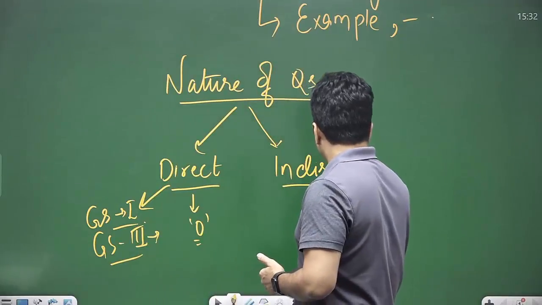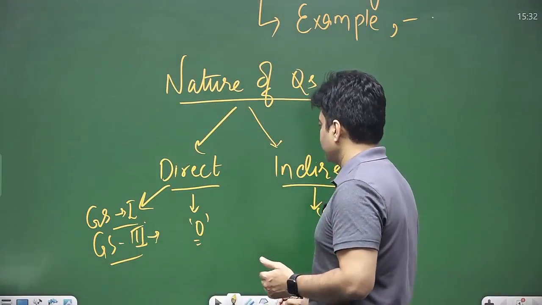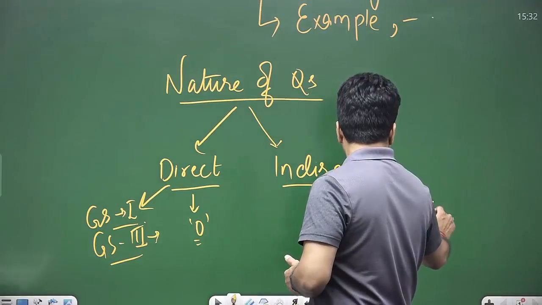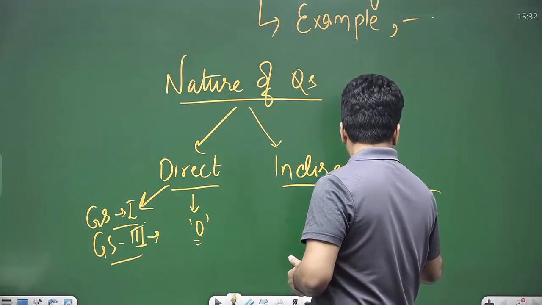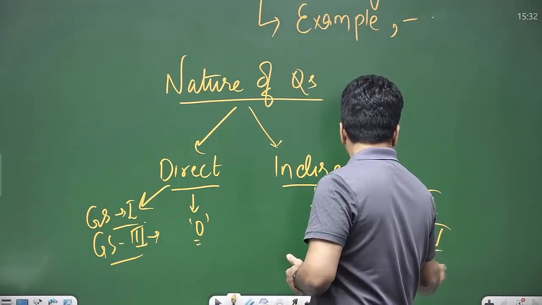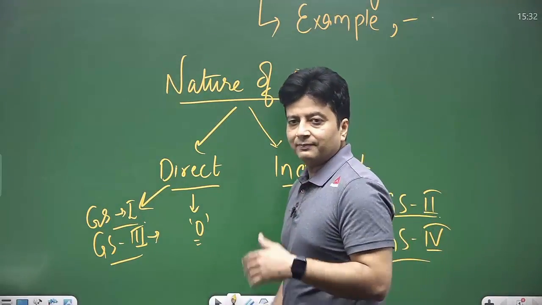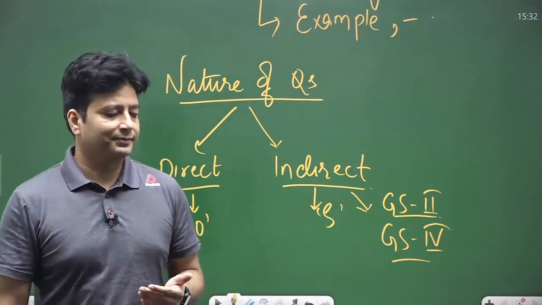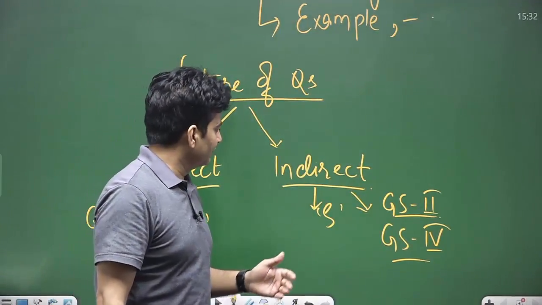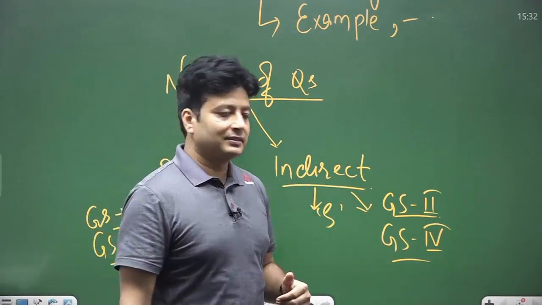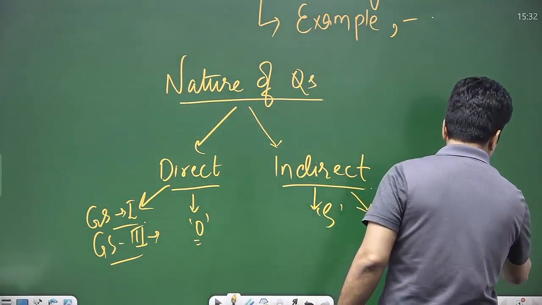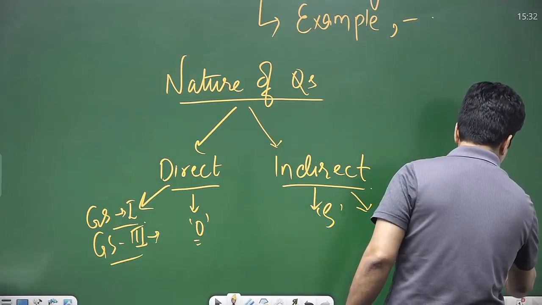And when you talk about the subjective, indirect question category, nature-wise, it is GS paper 2 and GS paper 4. GS paper 2 includes polity, governance, social justice, IR, whereas in GS paper 4 you will find ethics and case studies. And in this, there is a category called case study.